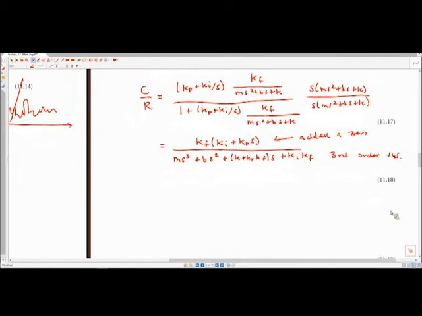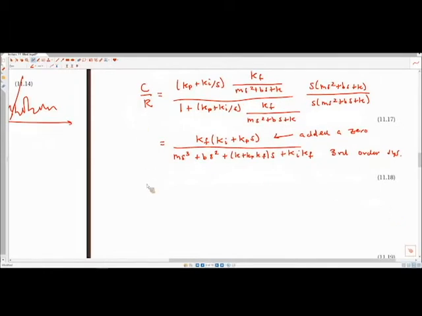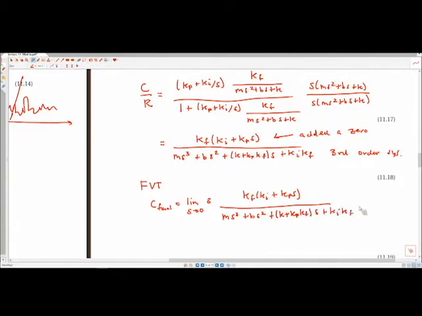So we can analyze this by using the final value theorem, just like we did with proportional derivative control. Okay, so we'll be analyzing, yes?